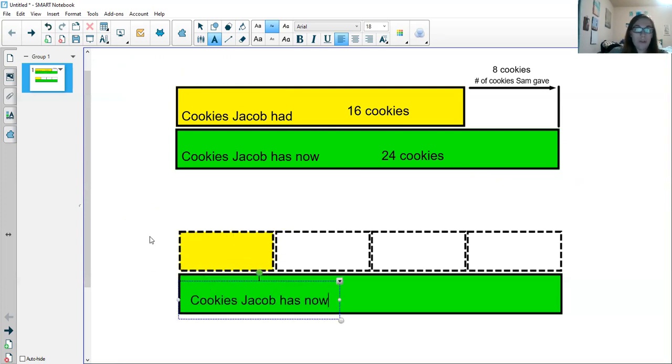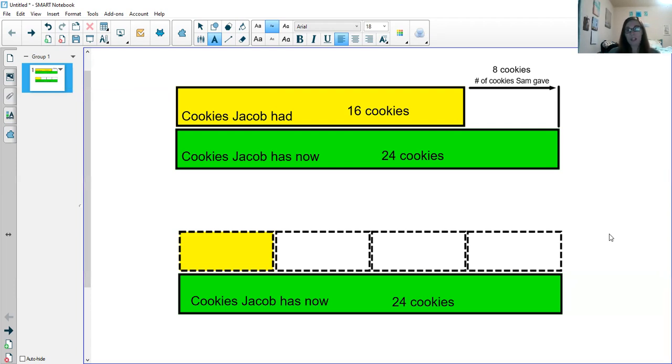And we know that is 24. And now we're trying to find out how many cookies Sam has. So in our problem, we know that Jacob now has 4 times more cookies than Sam. So we can take 24 and split it into 4 groups to get how many cookies Sam has now.